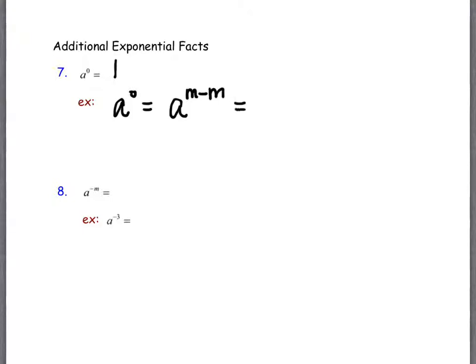So then what? Well, if I had a to the m minus m, I could go back to property number 2. Look back on property 2 that's in your packet there. Property number 2, if I go from the right-hand side to the left, says that subtraction of exponents is the same as division, right? So I can write this like so.